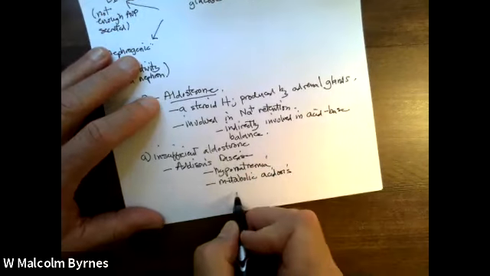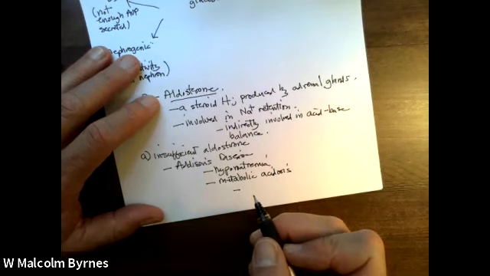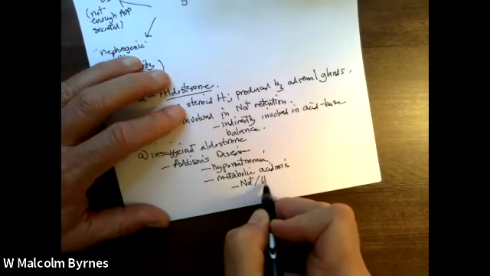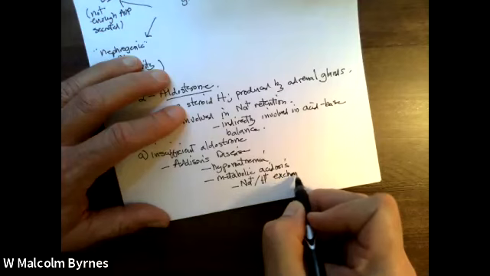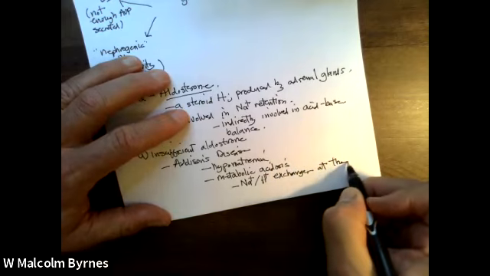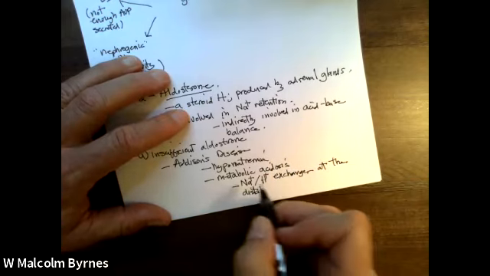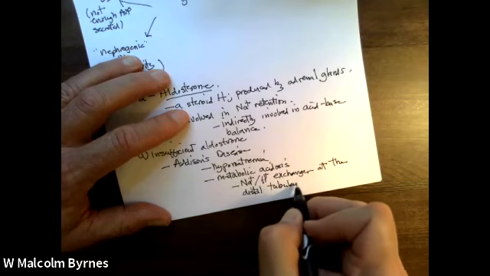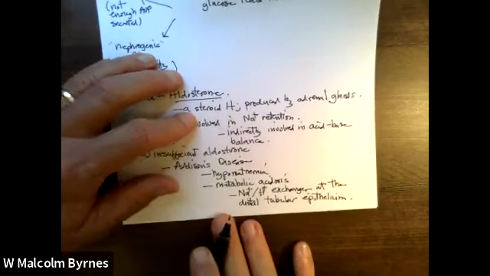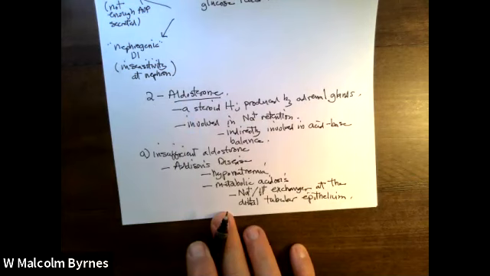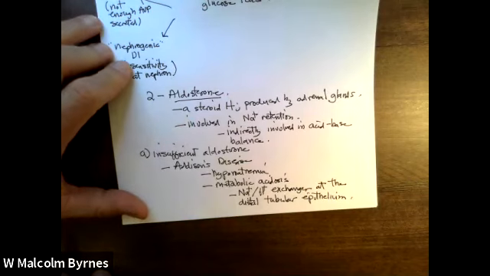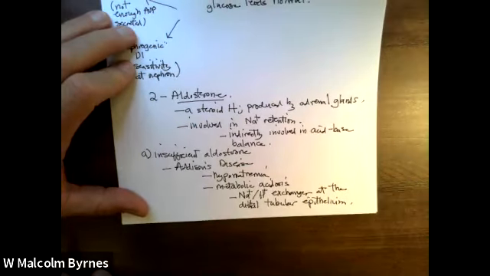And that's because there's a sodium hydrogen exchanger at the distal tubular epithelium. What this exchanger does is exchange sodium for hydrogen ions: sodium moves into the cells and hydrogen moves out.